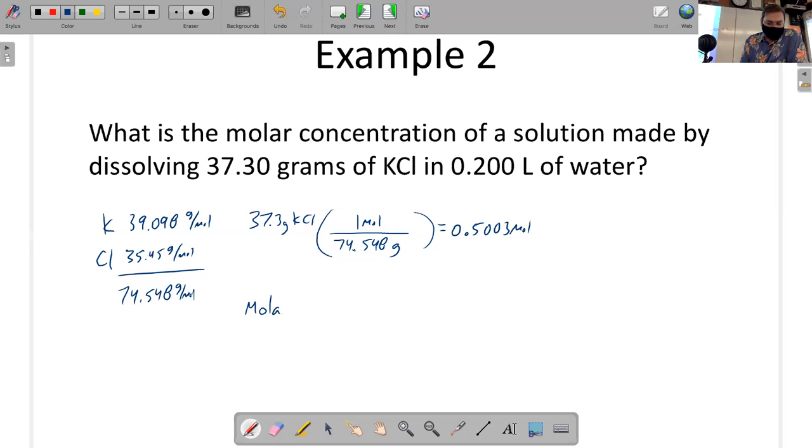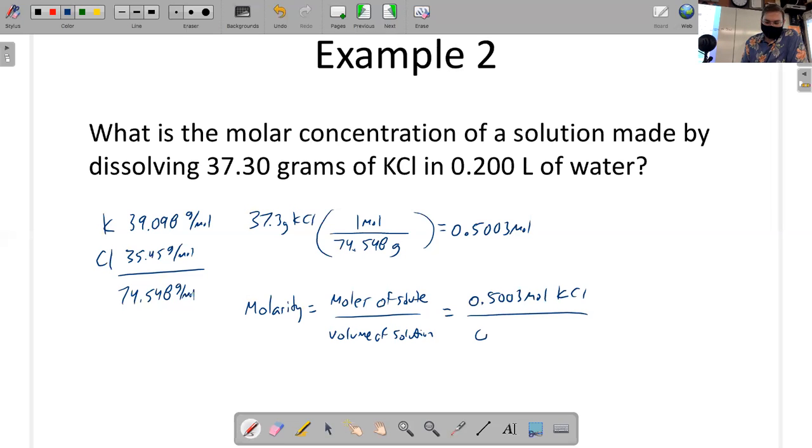So again, the molarity is equal to the number of moles of solute divided by the volume of solution. So I've got 0.503 moles of potassium chloride, and that's going in 0.200 liters of solution.